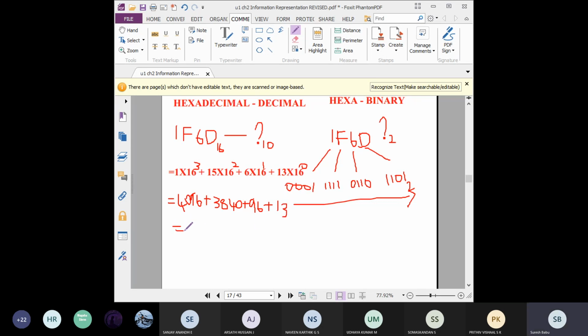Then add and give the final answer: 4096 plus 3840 plus 96 plus 13. The final answer is 8045. So 8045 is the equivalent decimal value.